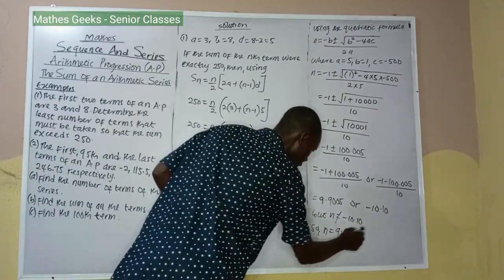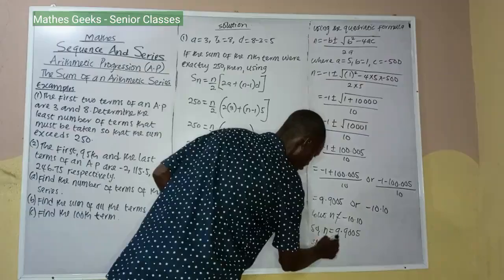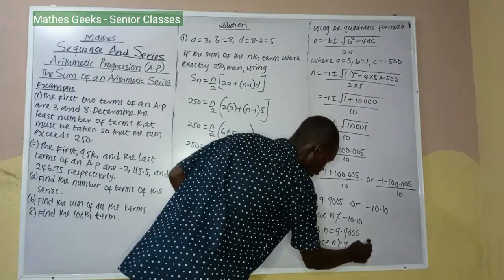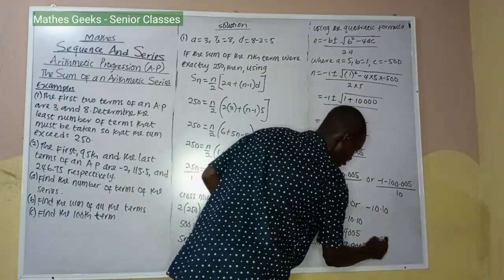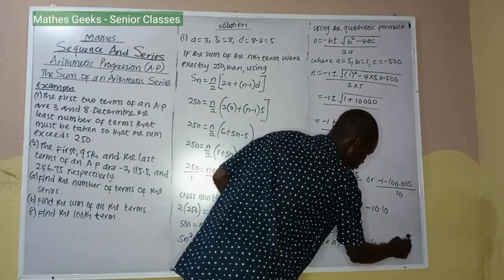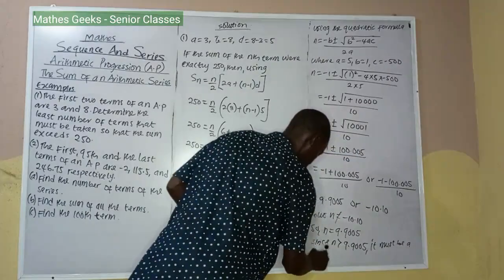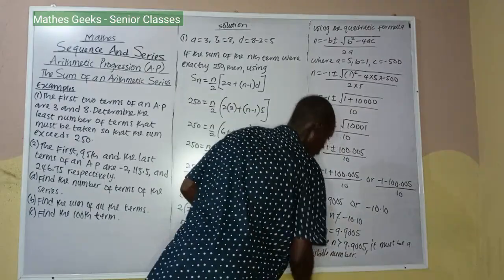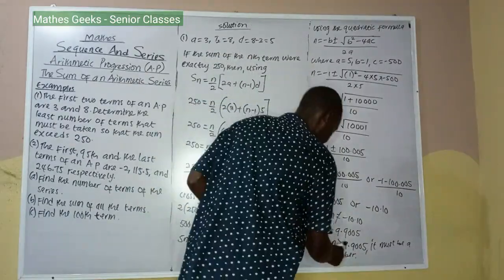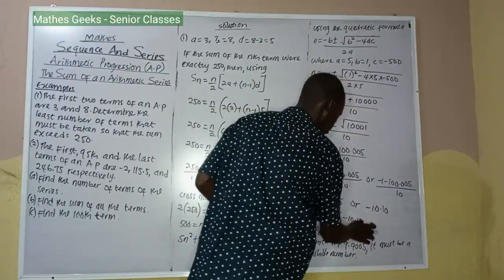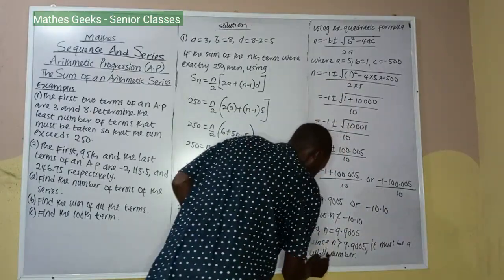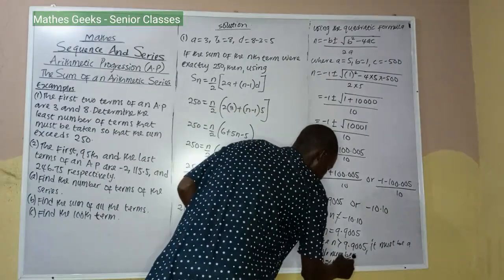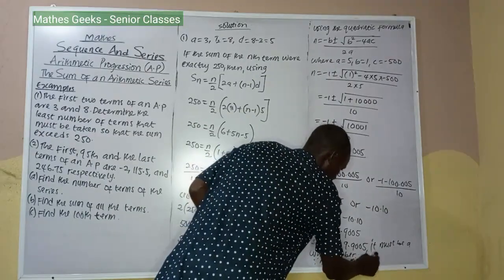So we say since n is greater than 9.9005, it must be a whole number. Therefore, n is approximately 10 to the nearest whole number.